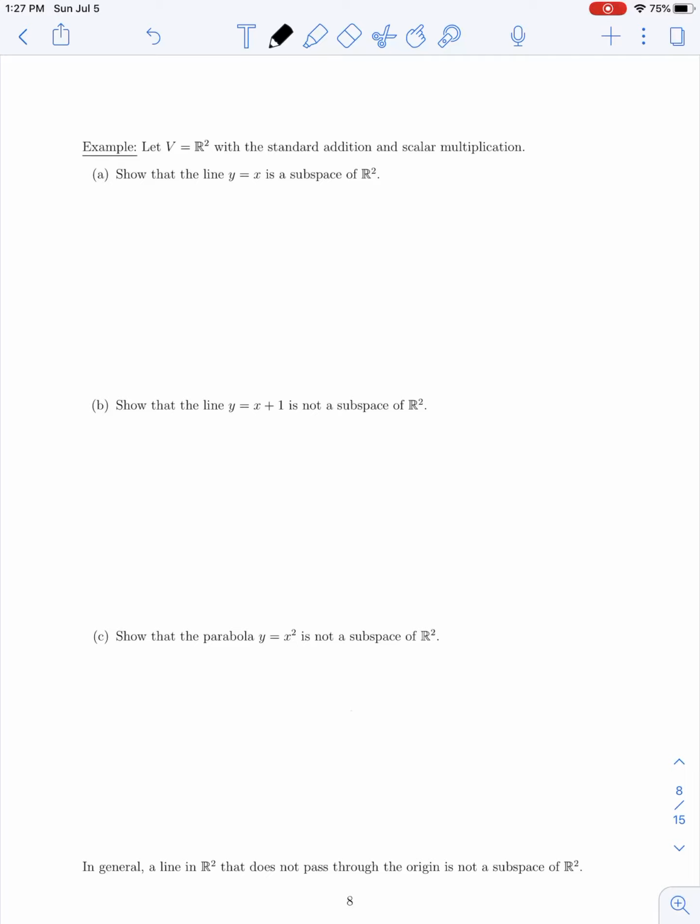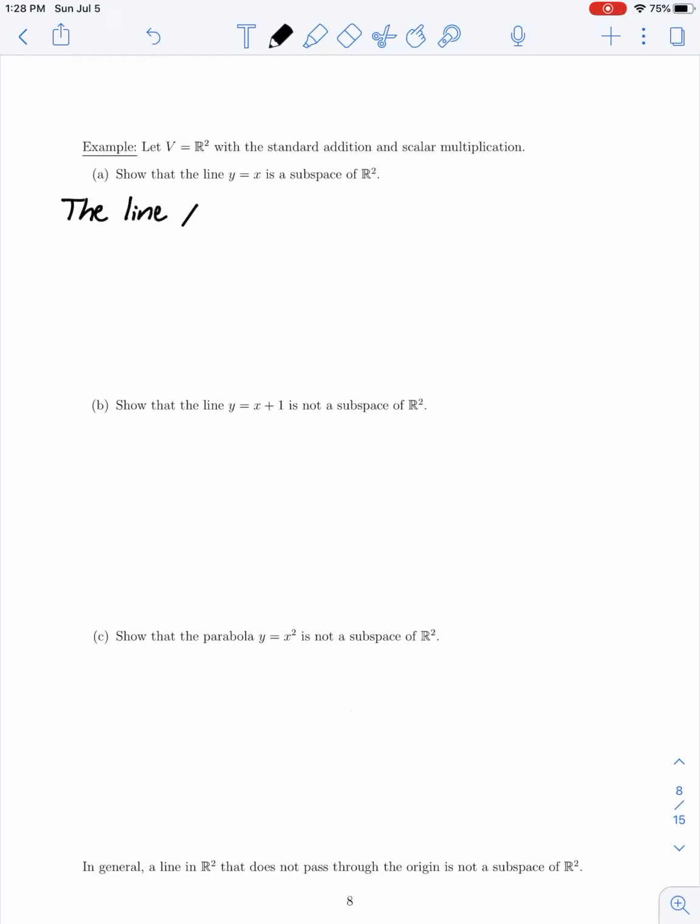In this next one, we're told to let V equal R2, so the real plane, which is being defined with the standard addition and scalar multiplication. So we have the standard vector space R2. And in part A, we're asked to show that the line y equals x is a subspace of R2. So here let's think about how the line y equals x would be defined in terms of vectors.